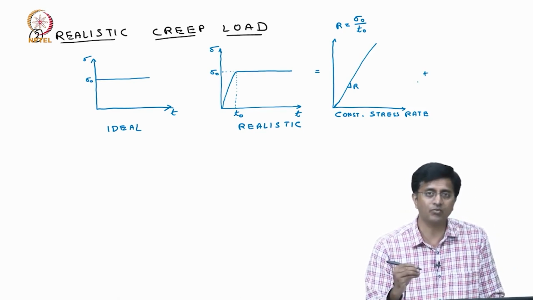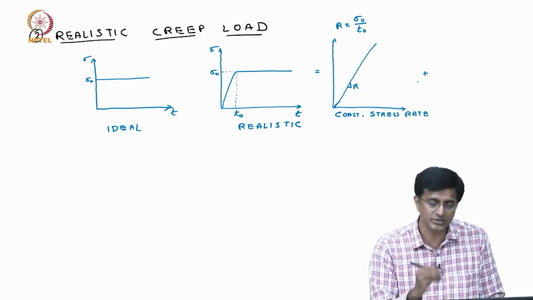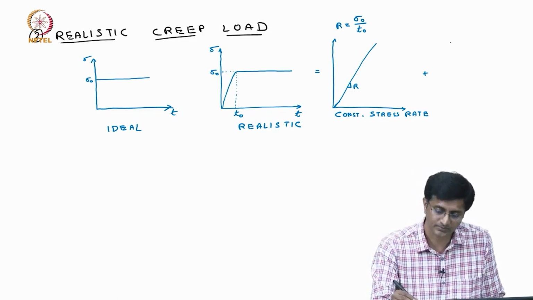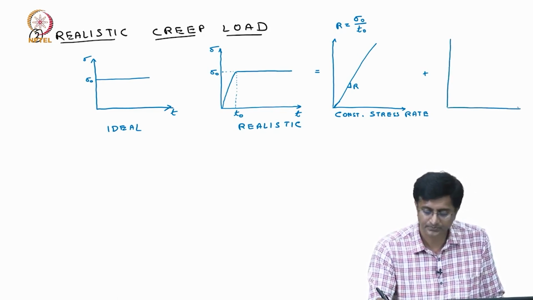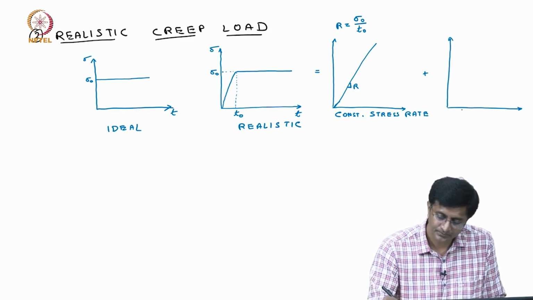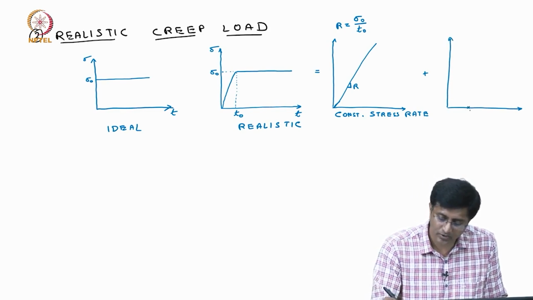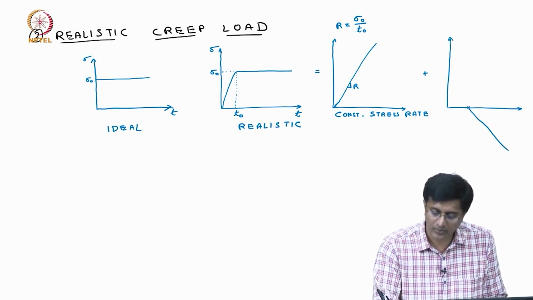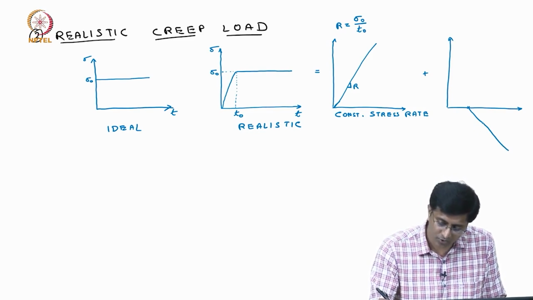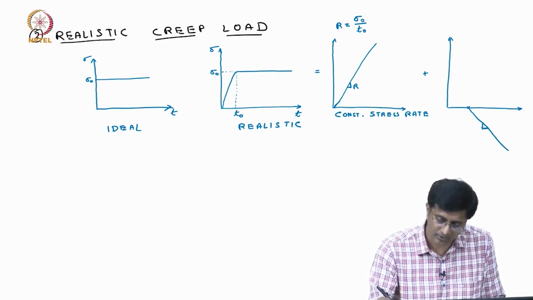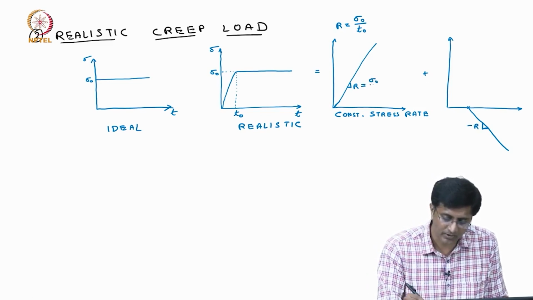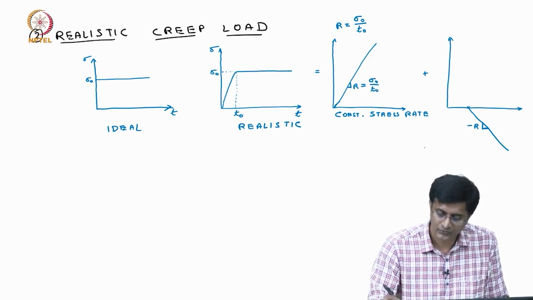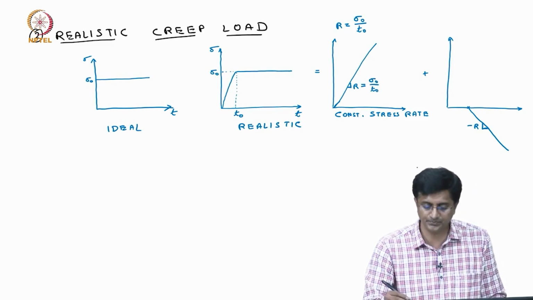But this should happen at what time? It should start at time t equals t naught. So, at time t equals t naught, now we apply another load with the same slope, but in the negative direction. So, this is minus R, where R we have already defined as sigma naught by t naught. So, this is the same R.